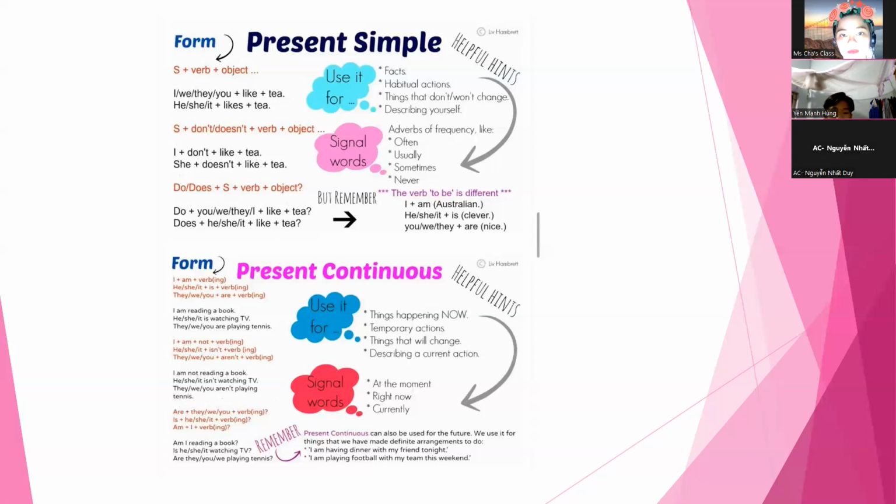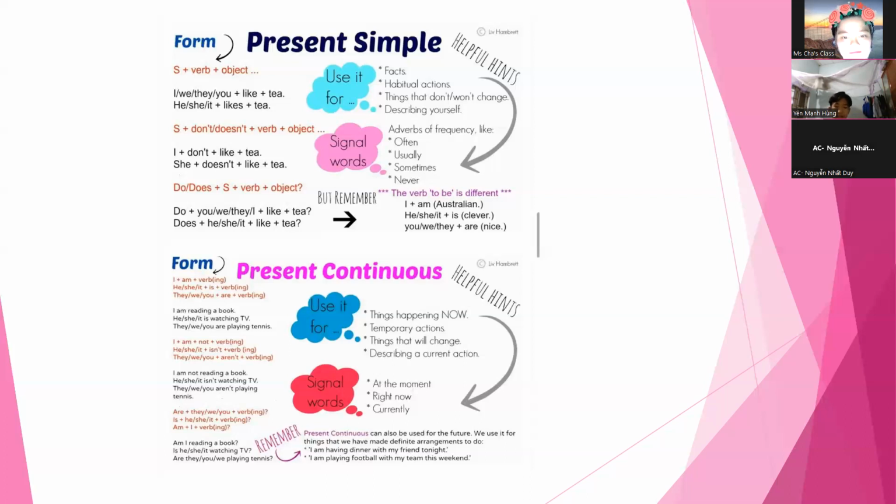Present simple we always use for repeated actions, especially with adverbs of frequency. What are the adverbs of frequency? You need to further explain about it. There are some adverbs of frequency: always, never, often, every day, in the morning, in the afternoon.